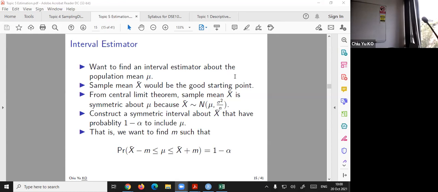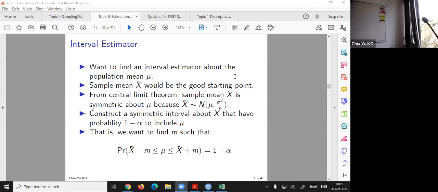Accurate in the sense that we don't need to make such a big atomic bomb to bomb this area. If we have a small sample, we need a bigger bomb to make sure we hit it, but if it is more accurate, we don't need to bomb so big. How we do it relies on what we call the central limit theorem. The central limit theorem tells us how to make the bomb.